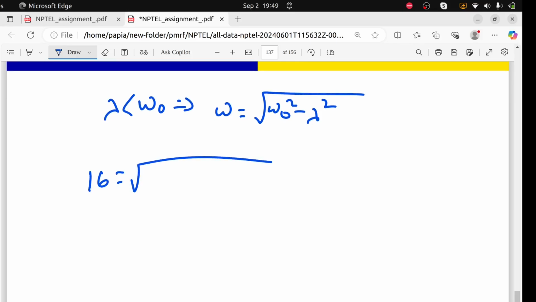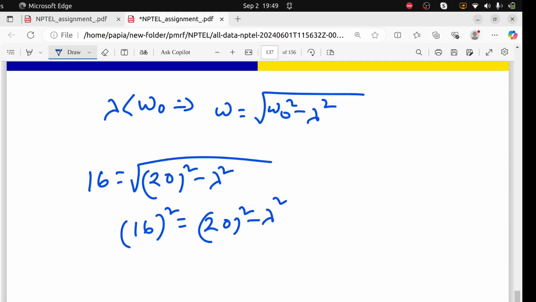So 16 square equals 20 square minus lambda square.